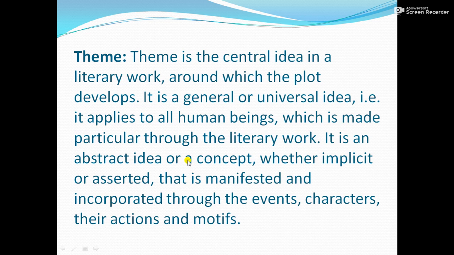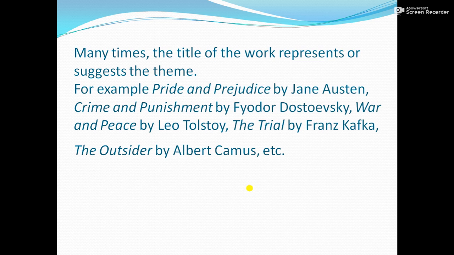And how is a theme developed? A theme is developed, manifested and incorporated through the events in a literary work, the characters, their actions and motives. It is called the theme. So friends, as we discuss theme a little bit further, many times the title of the work represents or suggests the theme.